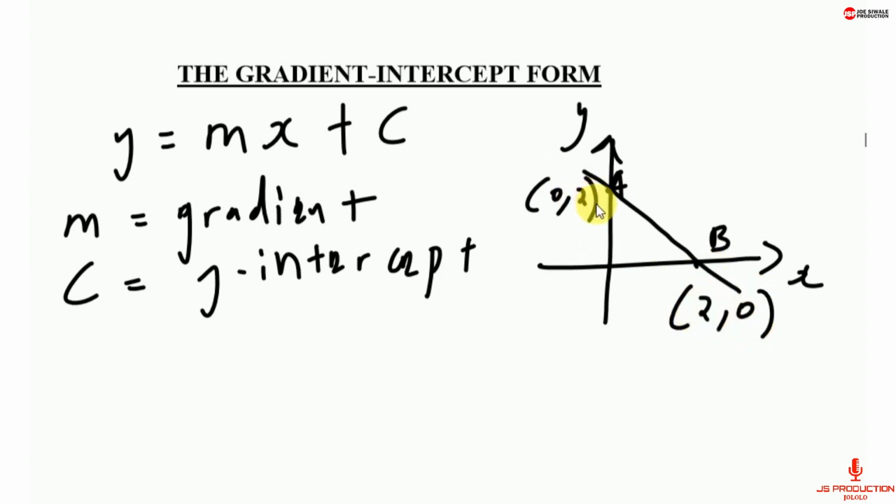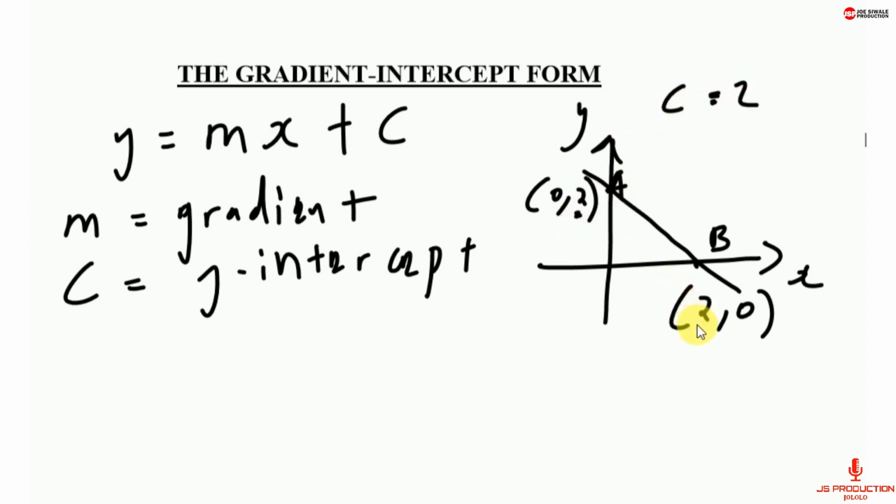So we can say our y intercept is 2, because this is the y coordinate where the line cuts the y axis. So your c, which is your y intercept, is 2.